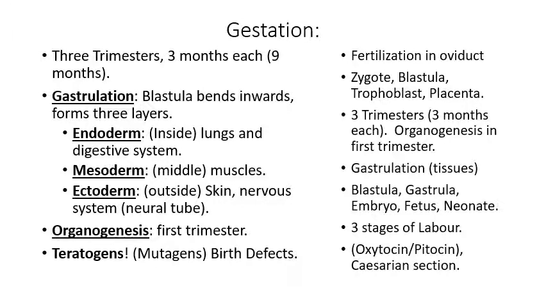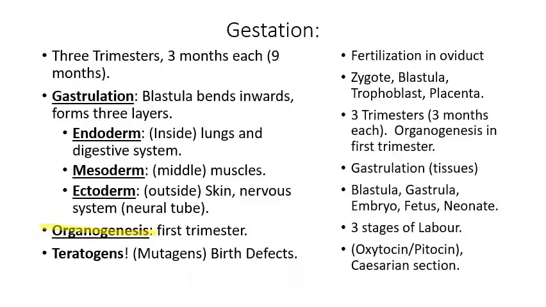Now, during development, the developing child has to develop organs, and obviously that happens after the gastrula phase. So generally, when the developing child is developing organs, this happens during the first trimester. In fact, during the first month and a half, the organs develop, and that phase is referred to as organogenesis.